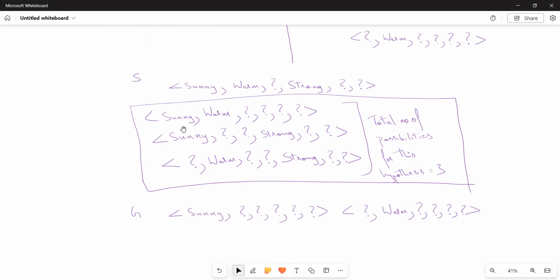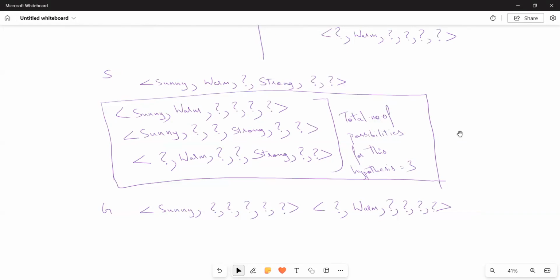Sunny and sunny gave us warm, and the question mark and warm were replaced with a specific value. Then again we worked with sunny, strong and warm. If there is a repetition, we remove it; we do not repeat a hypothesis. So the total number of possibilities for this hypothesis is 3.